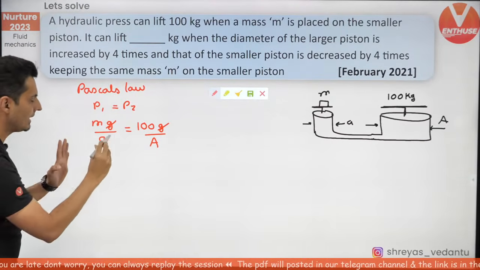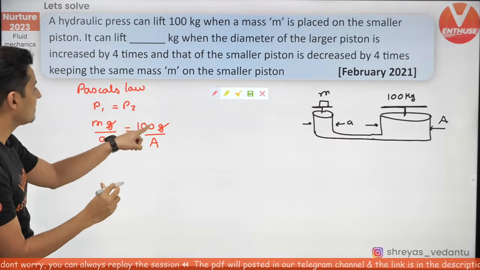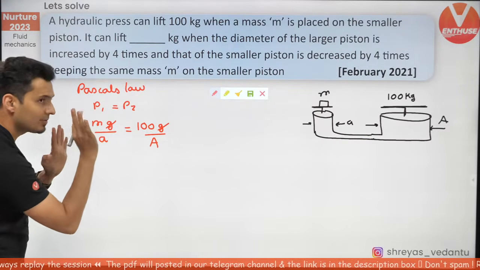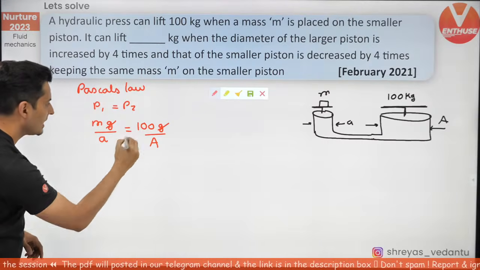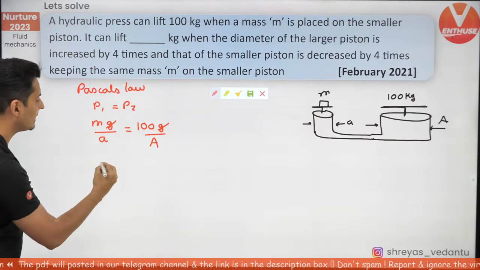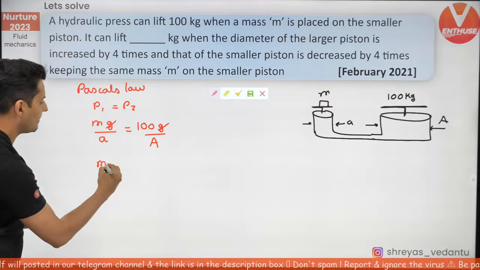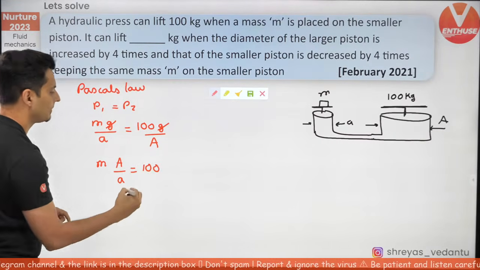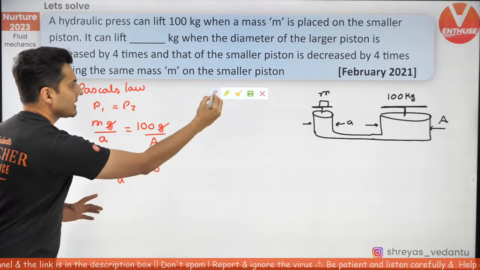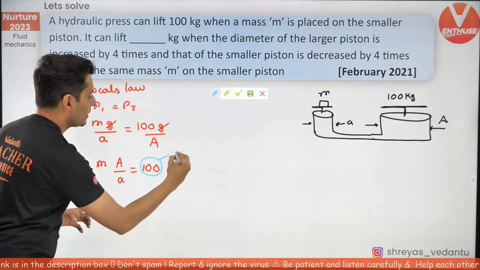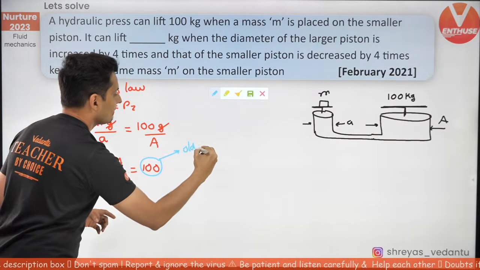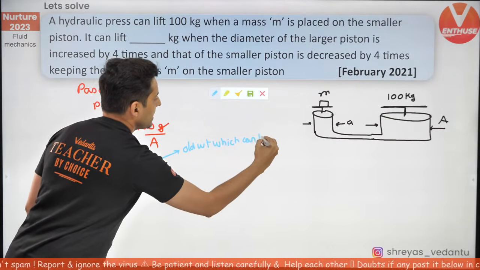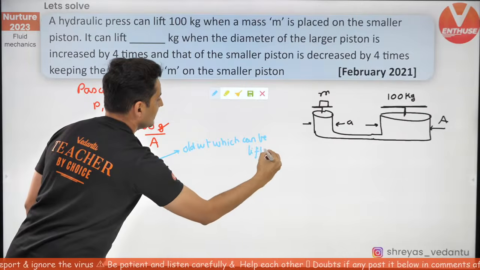Now here is a nice trick. Mass is the same, only we need to figure out what will happen with this 100. Here is one simple trick. Keep that 100 as it is, take that A over here. So m times capital A by small a is equal to 100. Now this 100 is nothing but your old weight which can be lifted.